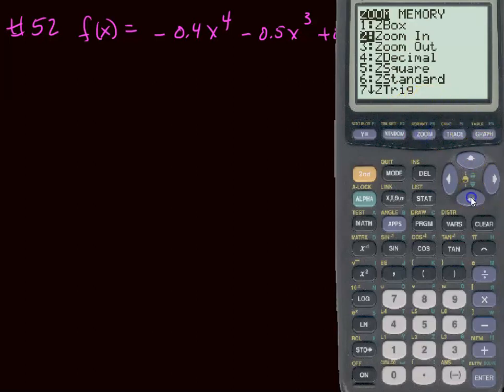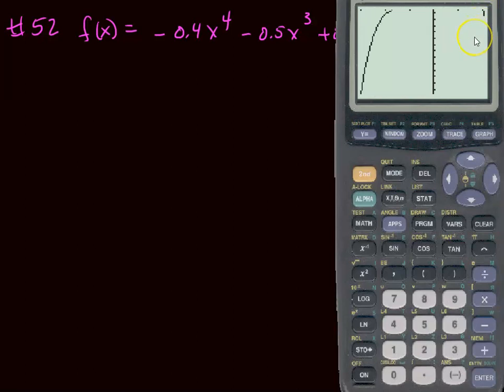Down at the bottom, it's zoom fit. And what this will do is calculate for that x-min and x-max what fits in the screen. So zoom fit will be working here for a little bit. See that little worm crawling there? And this is what it'll give us.